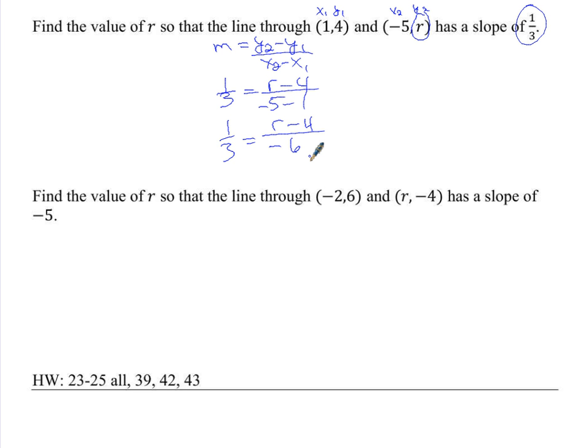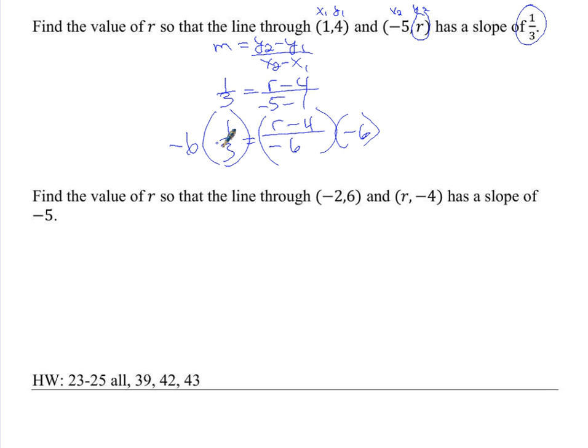And one way to solve proportions is to cross-multiply. So we could cross-multiply here instead. Okay? If the r is on the bottom, you're going to have to cross-multiply. In this case, it's on the top. So we'll do what you said. We'll multiply both sides by -6, and that will get rid of the denominator for me on the right-hand side.